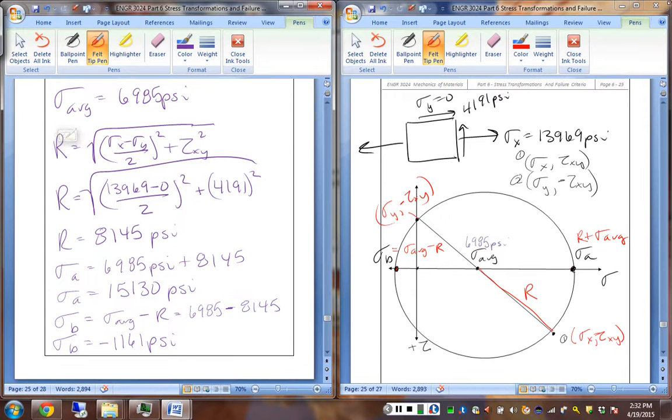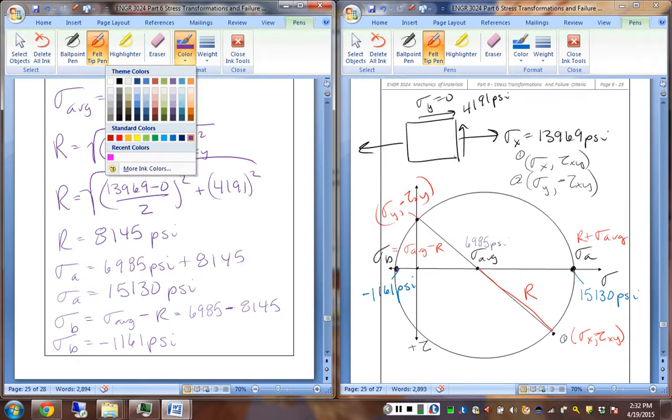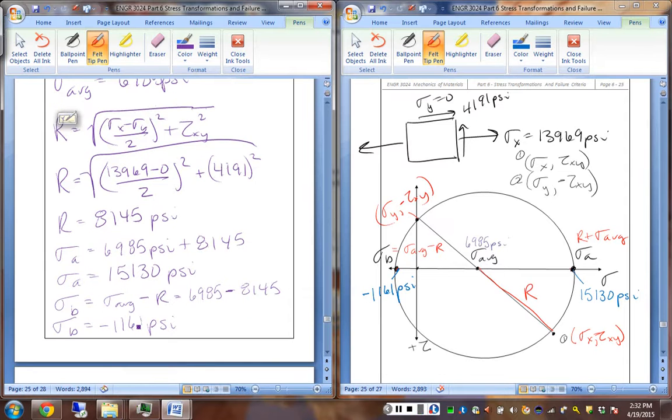Noting those locations on our Mohr's circle, we'll put those in blue. This value, 15,130. This value, minus 1161. Okay, that gives us our principal stresses. We know that in this case of plane stress, our third principal stress, sigma C, is 0.